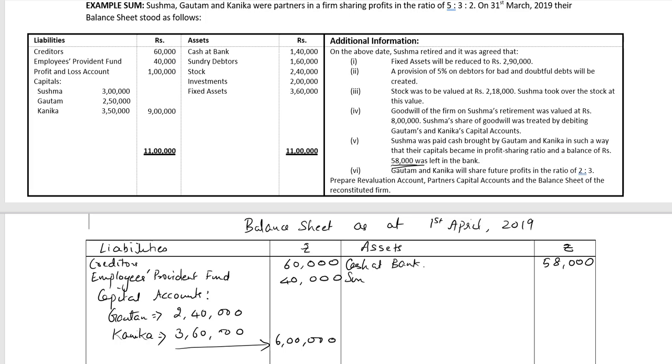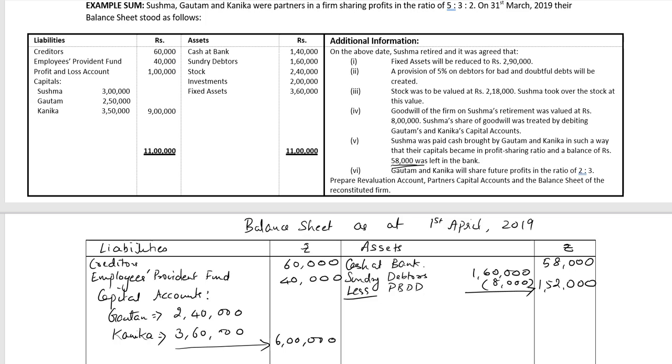We have sundry debtors, 1,60,000 rupees. Original figure. We created a provision for doubtful debts of 5% or 8,000 rupees. So the amount for sundry debtors in the outer column is 1,52,000 rupees.